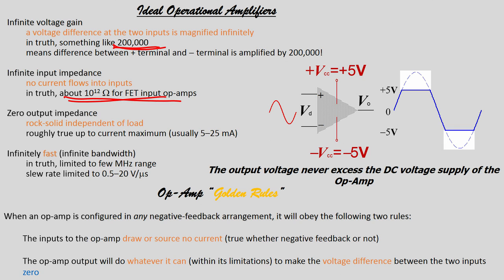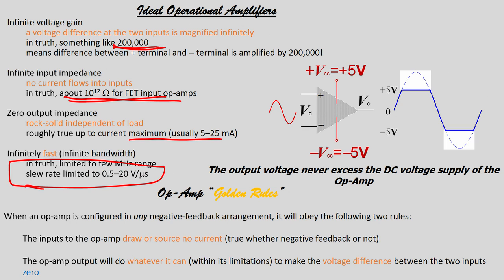Output impedance is 0, but in truth the output impedance is not 0, it is low. Then we have infinitely fast, that means that it is super fast, but it is not possible. We will see slew rate in this particular experiment and we will understand and measure this slew rate, and we will see it falls between 0.5 and 20 volts per microsecond.